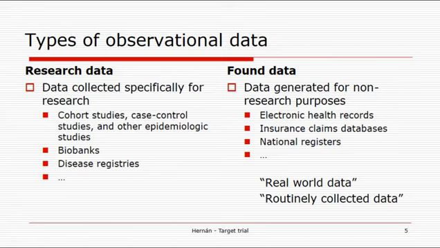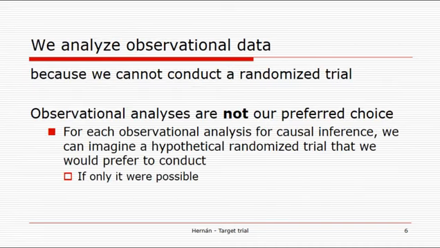So they all have in common that we have not assigned the different treatments, the different exposures, the different courses of action that we are interested in. We haven't assigned them at random. And in some cases, we didn't even have any say on how the data were collected and assembled. Okay. So the point, and this is a very important point that I want to make, is that we analyze observational data because we cannot conduct a randomized experiment.